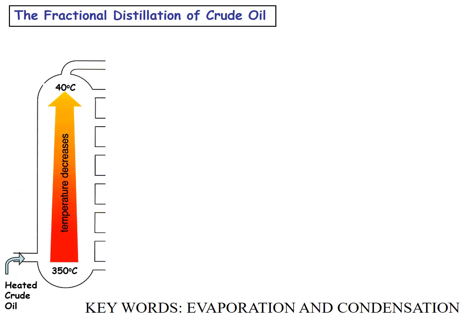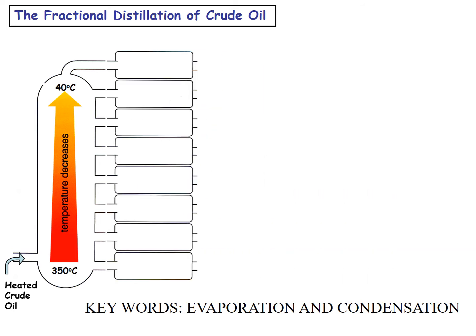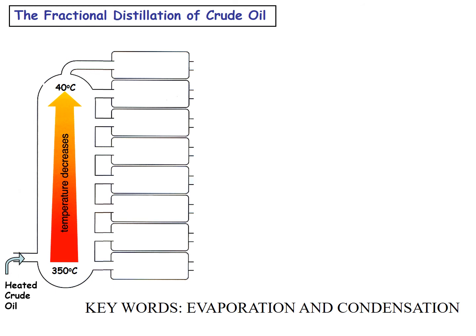They have a higher boiling point. So when they condense, they are tapped off at the different fractions, and you end up with a variety of really useful products.